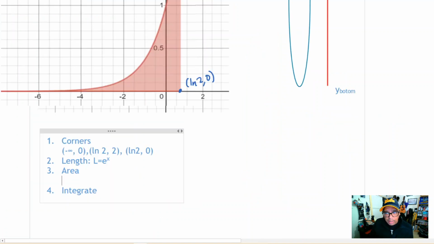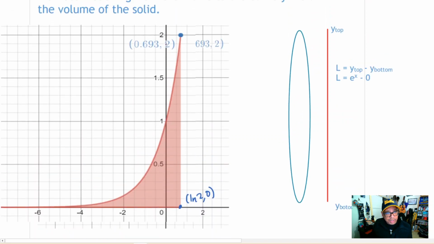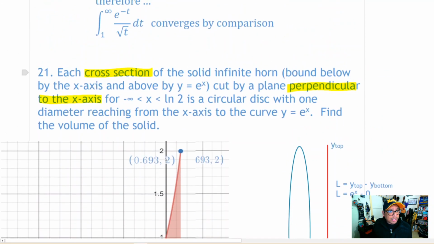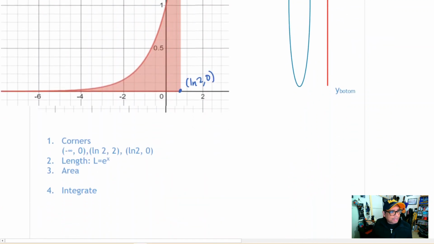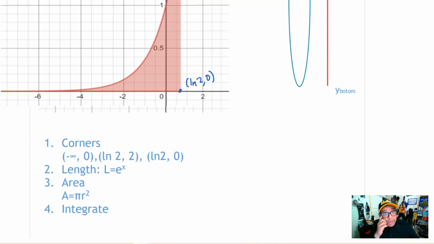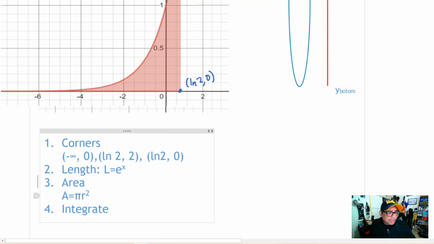Okay, the area of our region is a circle. I think you see we've just drawn circles, and over here it says a circular disk as well. So the area formula that we need is the area formula for a circle. Okay, so the area of each cross section is pi r squared, and now we've got to figure out how the radius relates to my length over here.